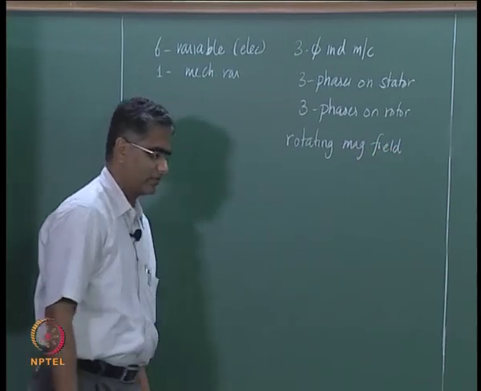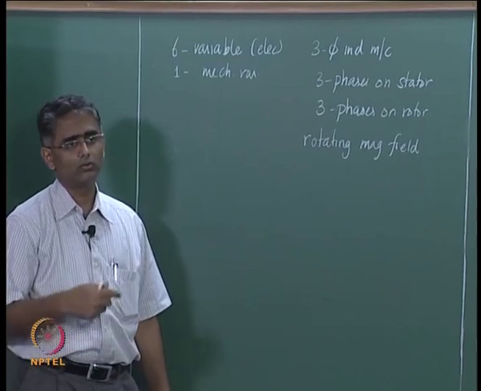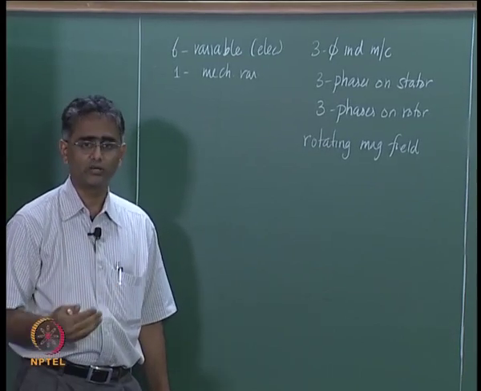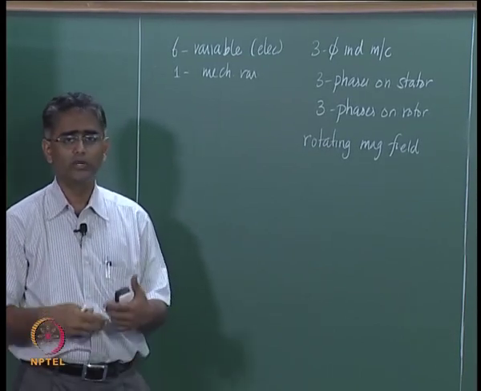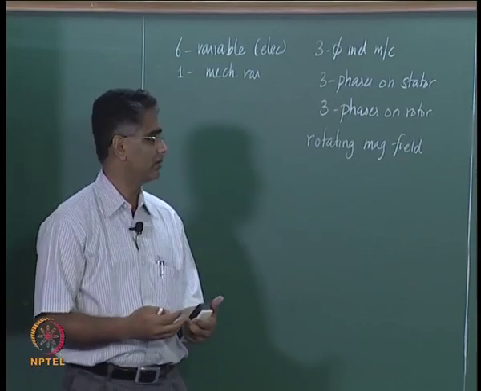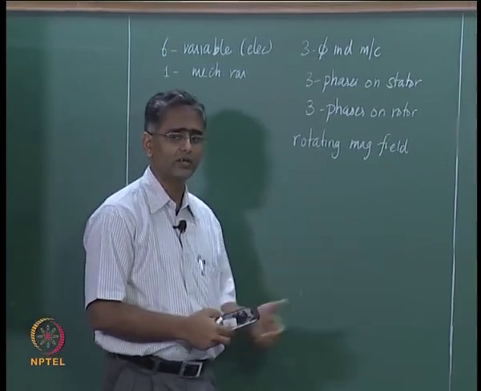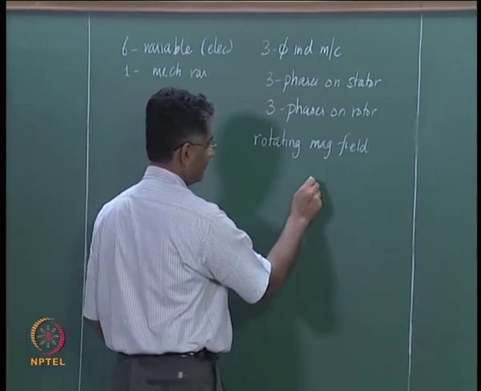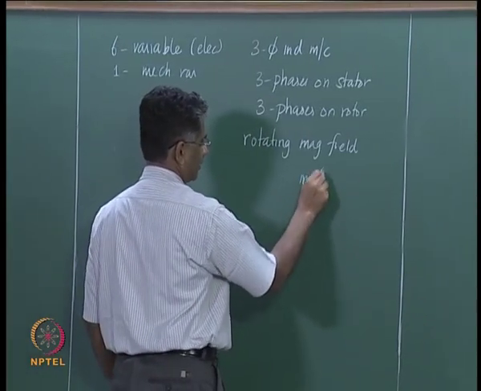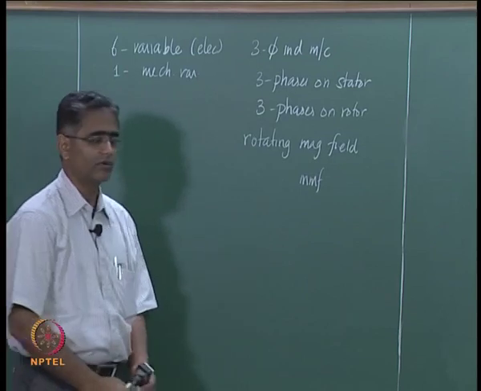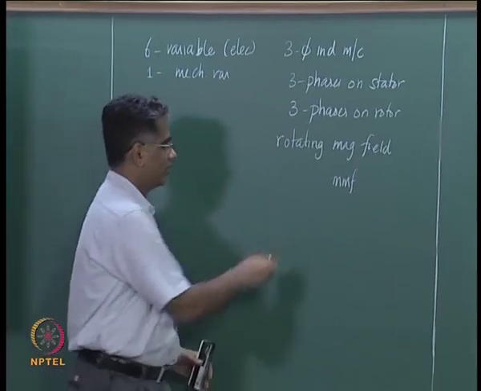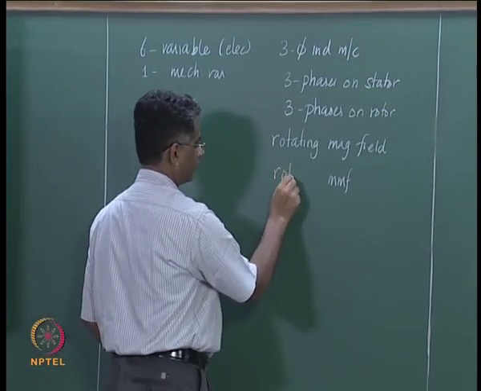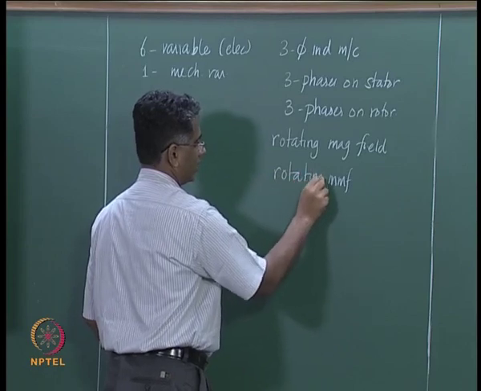And since we have now understood how the magnetic field and the magnetic circuit is to be analyzed, we know that a magnetic flux is generated by an MMF, and therefore if there is a rotating magnetic field, we can also talk in terms of a rotating MMF waveform.